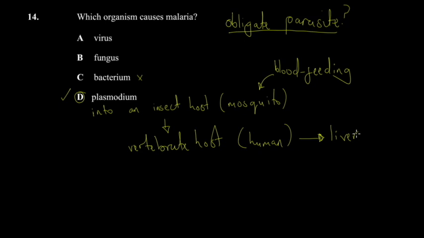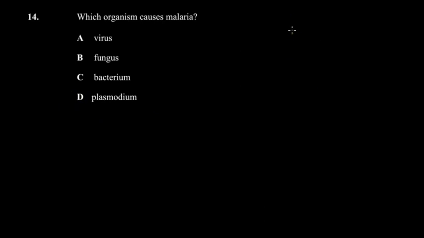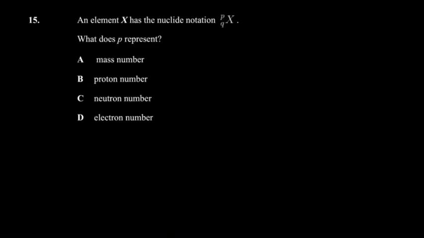So often it goes into the liver, and then from the liver it goes into the bloodstream, and then in the bloodstream it infects the red blood cells. This is how it basically does this. The Plasmodium species which cause malaria are a handful, a bit different, but they operate in the same way. So just look up obligate parasite, and if you know what it means, just put it right there in the comment section. Let's quickly move to the next part.